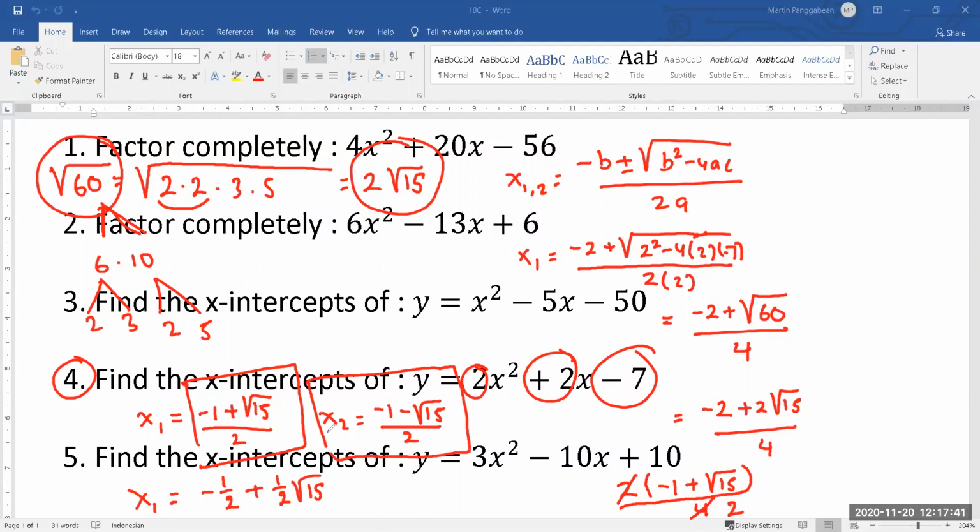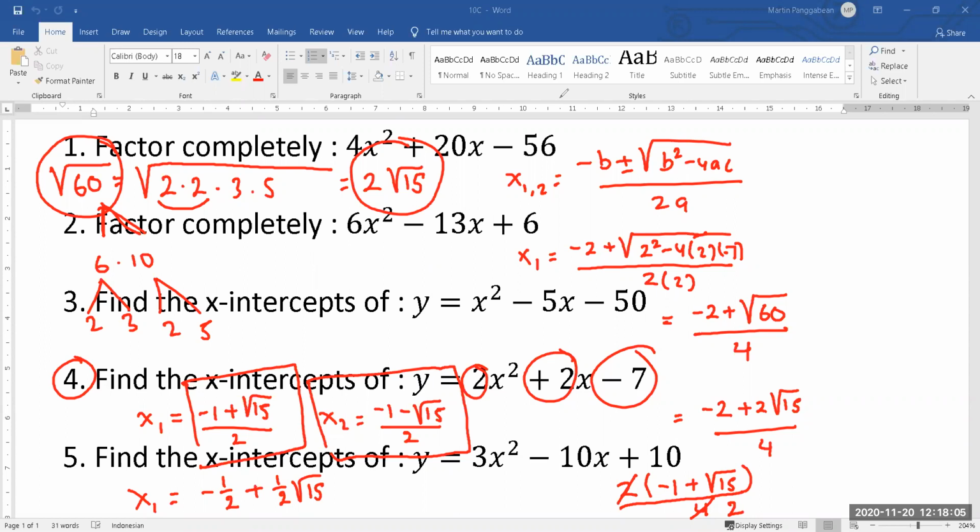Okay, very good up until now. But the last part, the last one. Valencia, what is your answer for number 5?